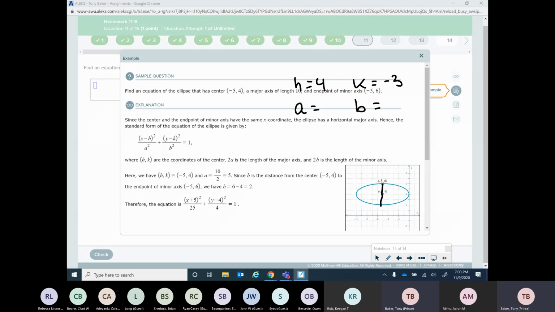So it's the line that goes directly through the center on the shortest length from the sides. So they're telling me that that minor axis is 6. So now remember, when we were adding and subtracting from the center, if I was going to go from the center and add or subtract, I'm not adding or subtracting 6, I'm adding and subtracting 3. So B, in this case, is 3.